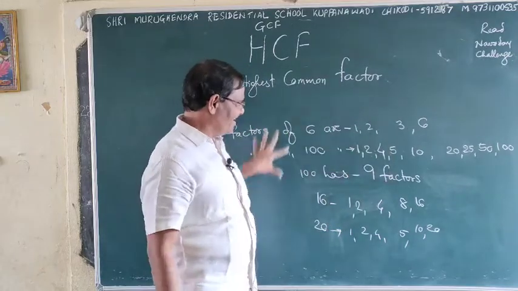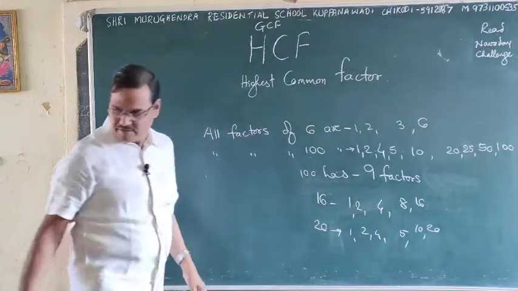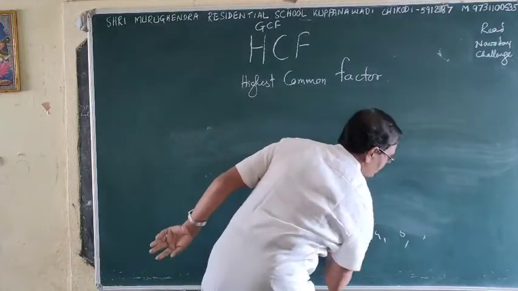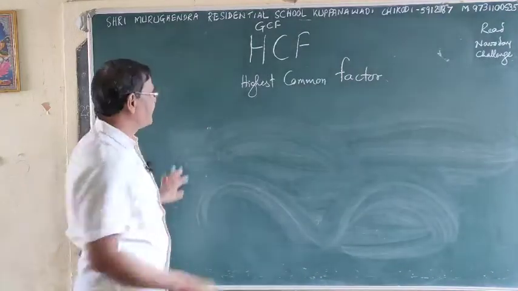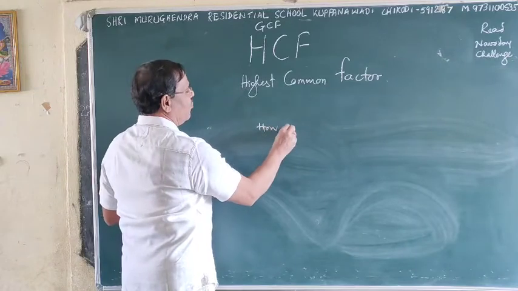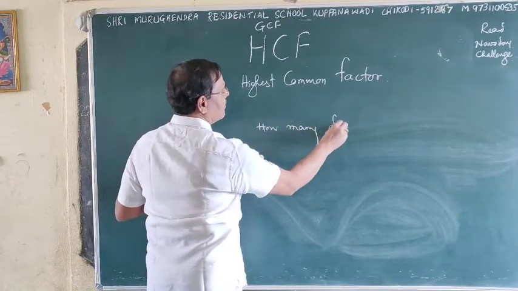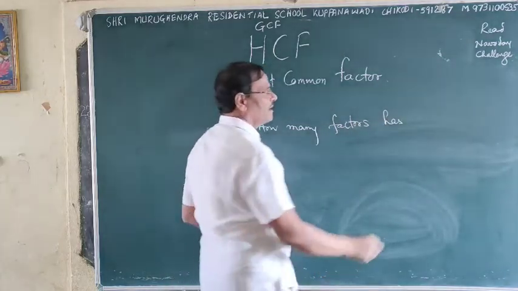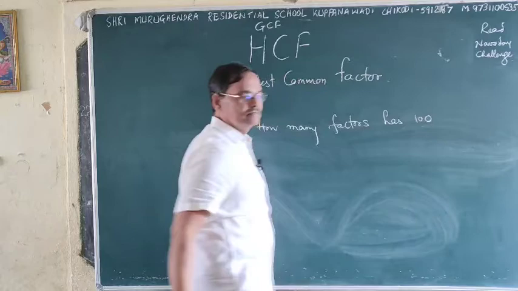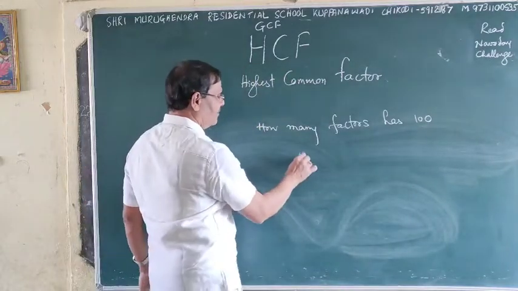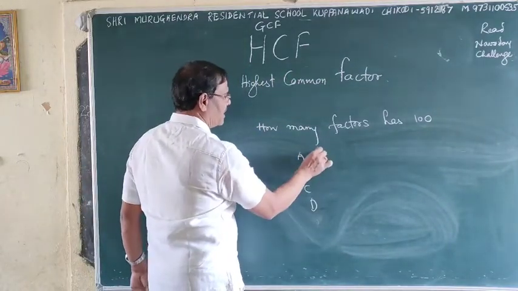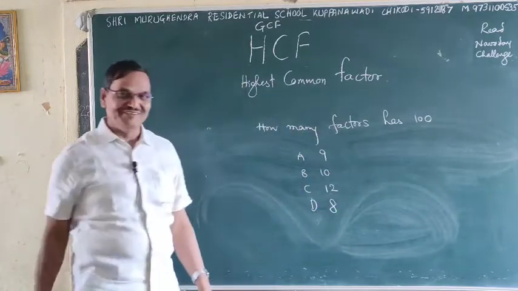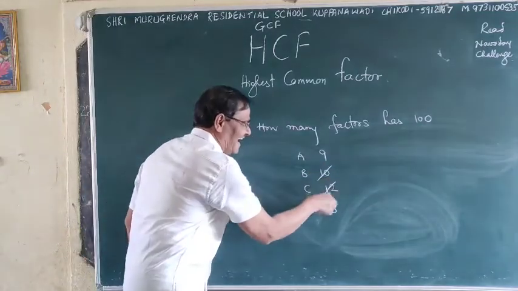How many factors does 100 have? If the options are 9, 10, 12, 8, then we should not work out all of these directly.